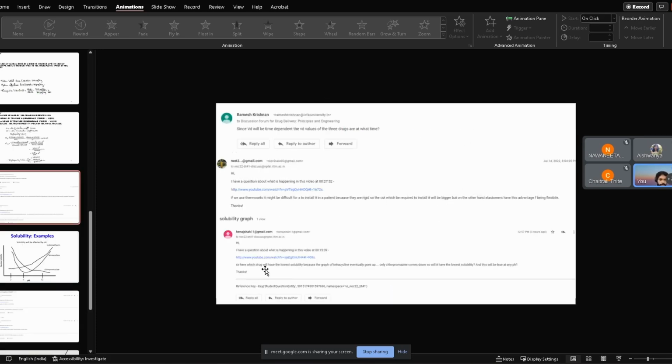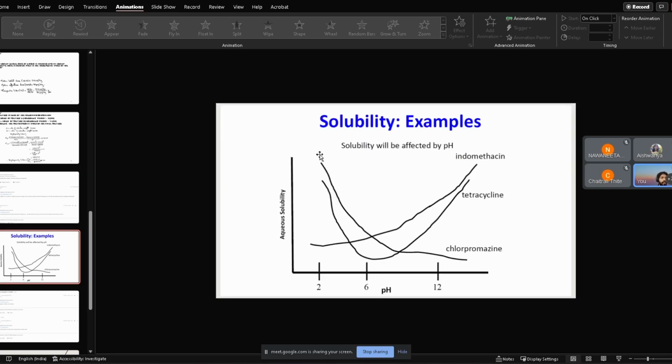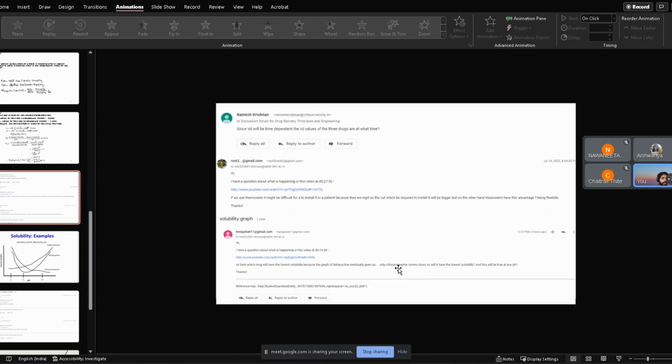So they're saying this graph of tetracycline comes down, but it eventually goes up. So will tetracycline have the lowest solubility, or which will have the lowest solubility?